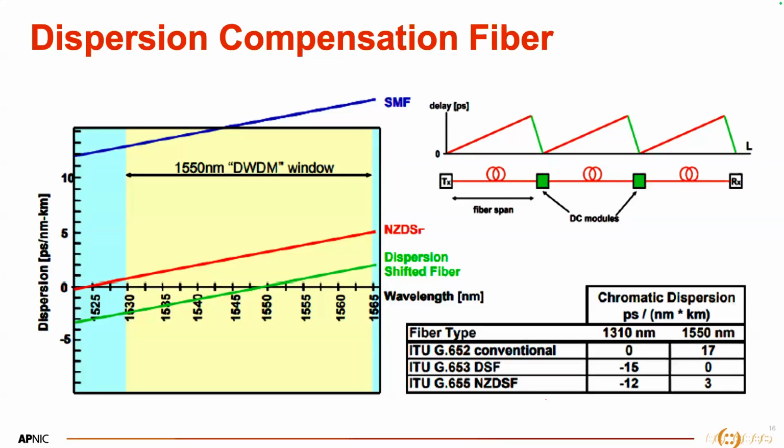So the A, B, C, D are the expansion or modification of the mother one. So G.652 is the mother. And not only 652, you will get different subcategories under a major category. Those subcategories are different kinds of modification or enhancement of different features.